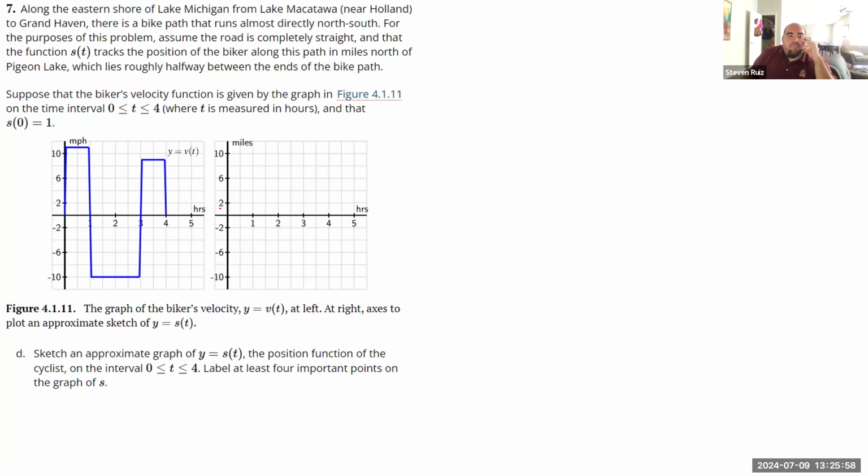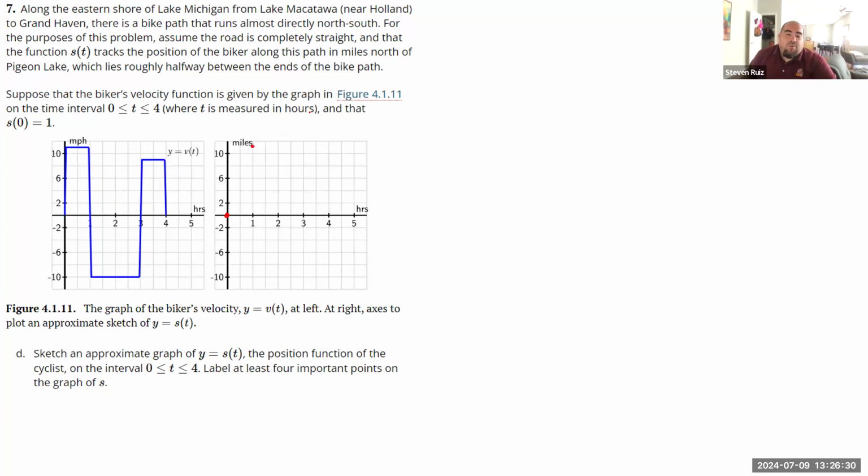I don't think we do know that, which means we don't really know what her initial position is, but to make this simple on ourselves, let's just say that she starts off at Pigeon Lake. And then what do we know she does? We know that the first hour, she goes 11 miles per hour. So after 1 hour, we knew that she was 11 miles away. So I think the point (1, 11) needs to be on the graph.